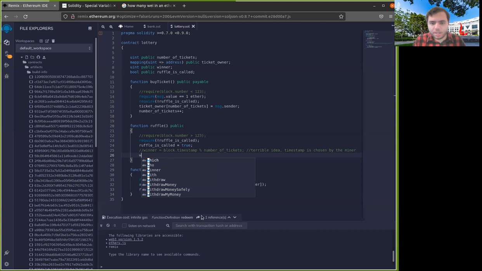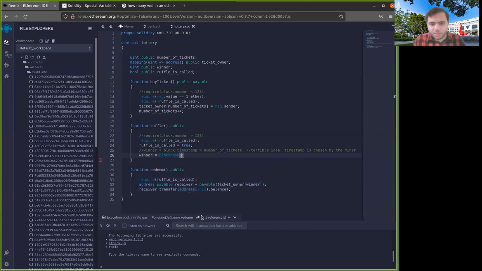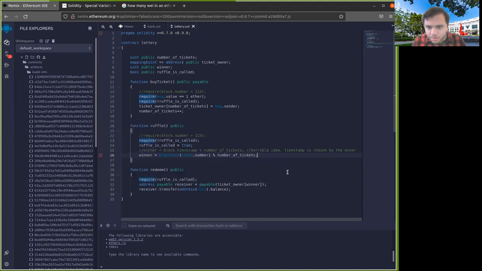So let's say the winner is now based on the block hash of the current block, and of course, modulo number of tickets. Oh, okay.